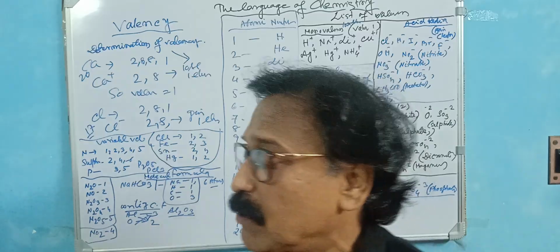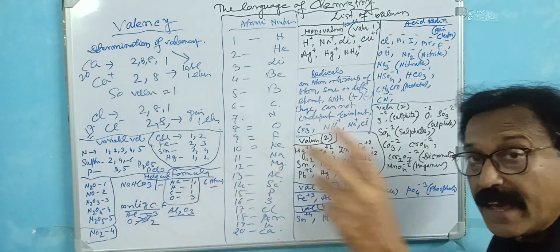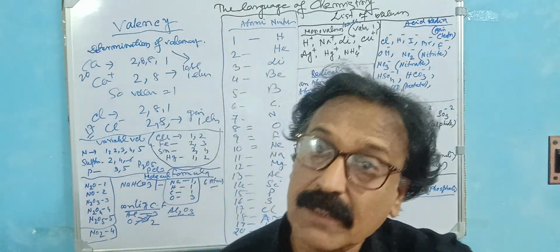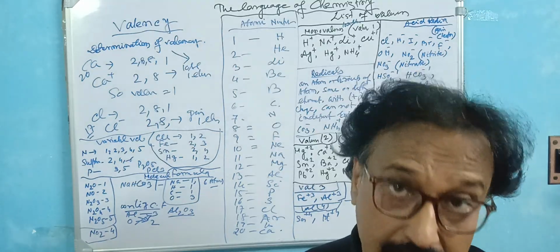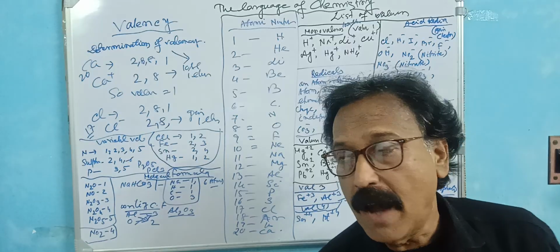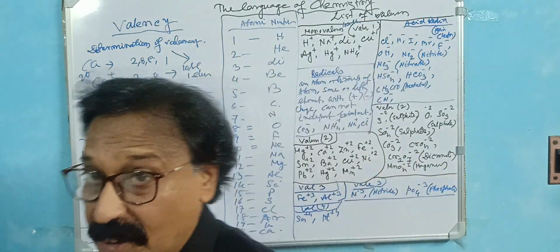Now, the first thing is very important. Always remember that each and every element has a particular and fixed atomic number. This is a very important thing in chemistry. In biology, each and every animal or plant has a particular number of chromosomes. These are fixed.